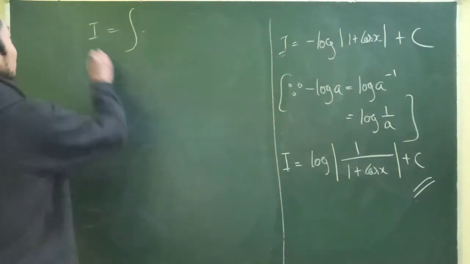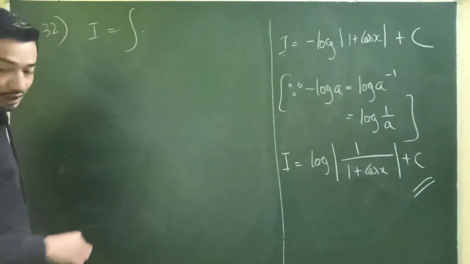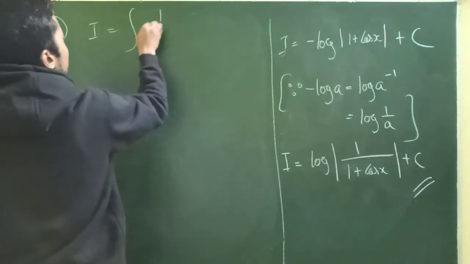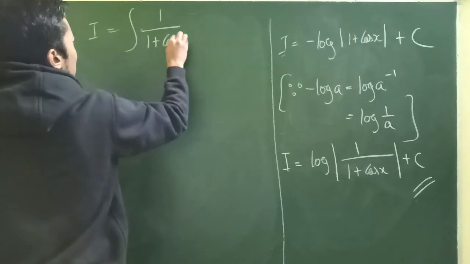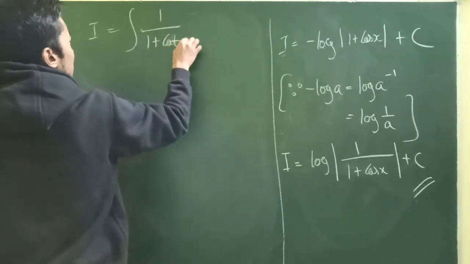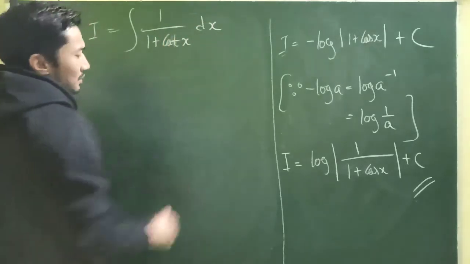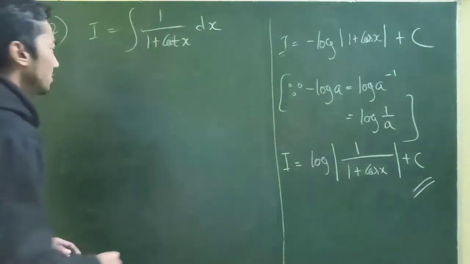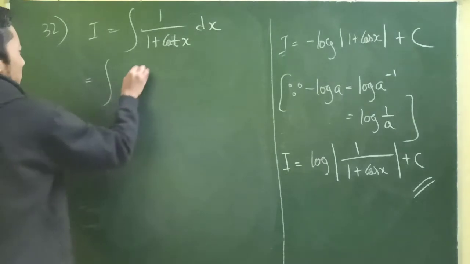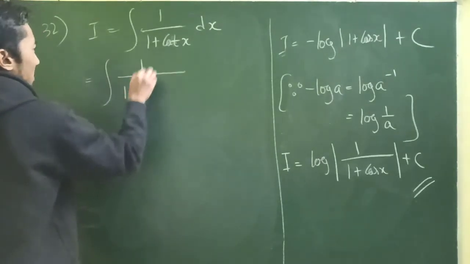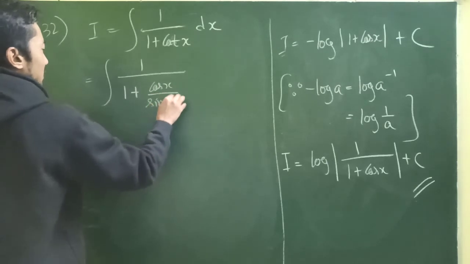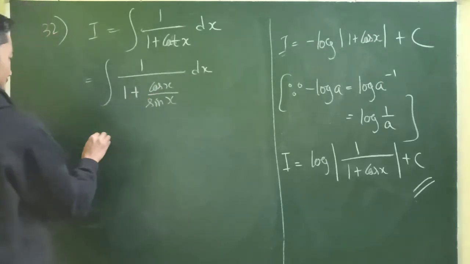Question 22. I equals the integral of 1 by 1 plus cot x. Now here of course you'll have to do a little bit of simplification here and there. Cot x will transform in terms of cos and sine. So 1 plus cot x is 1 plus cos x by sine x with respect to x.